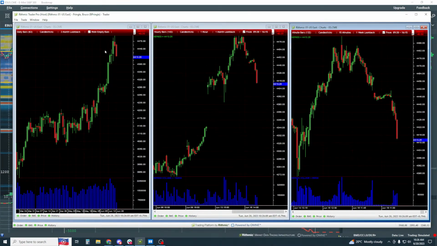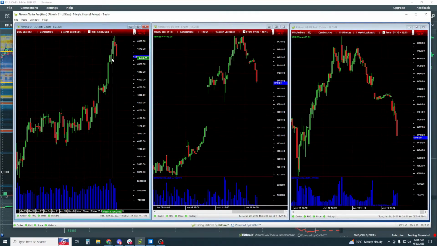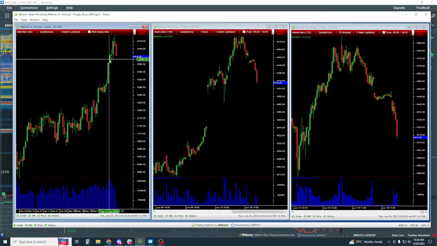Now on the daily, let's take a look at this. It is an outside day from yesterday. You can see that we've broken through yesterday's activity up above here, this red candle, and I'm just looking for maybe down into some of these wicks down here. So 4,300 is not a bad area here.